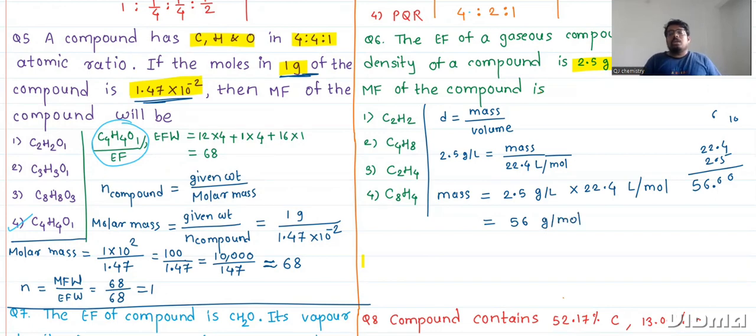So the molar mass of the compound is equal to 56. Now, the empirical formula is given to us, so use the empirical formula.